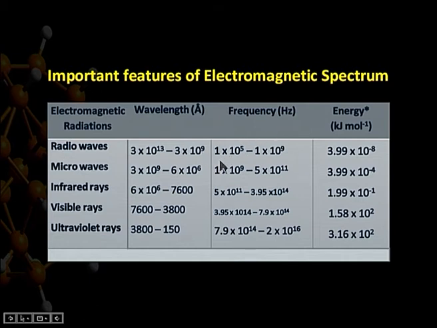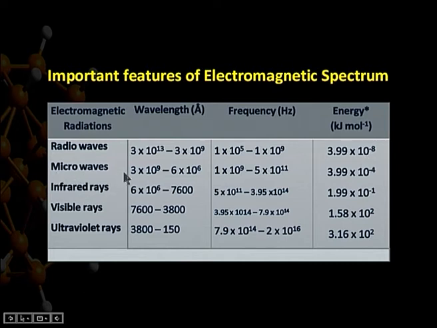Their frequency is 1 into 10 raised to the power 5 to 1 into 10 raised to the power 9. Their energy in kilojoules per mole is 3.99 into 10 raised to the power minus 8.